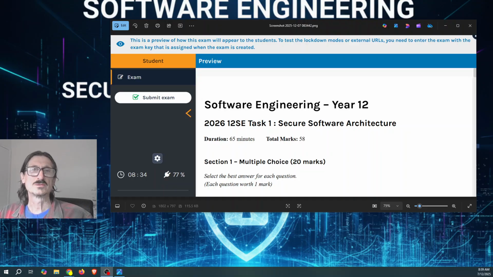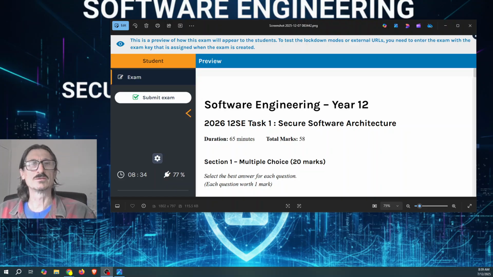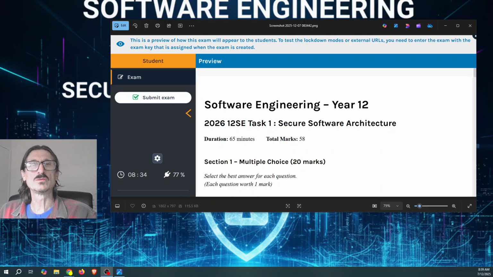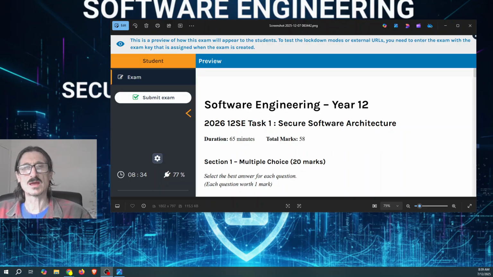Then we get into section 3. This is the extended responses, and that's worth 20 marks. What I've done is I've given you basically what you'll see. This is all in exam.net, and in exam.net, I can give you an approximation of the number of words you would expect. So in the HSC, they will actually let you know how many words they expect you to answer.